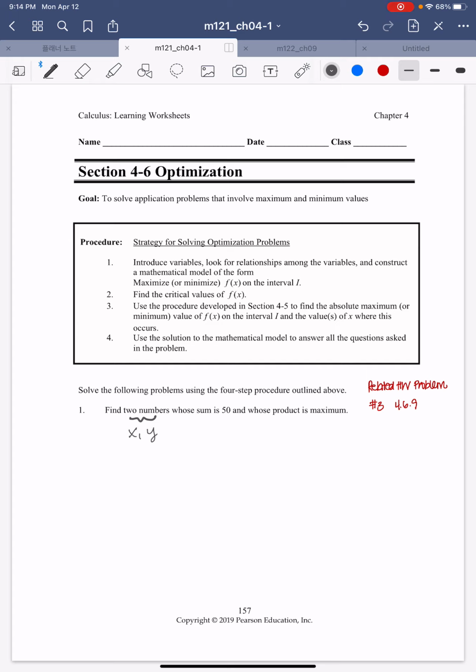Okay. What are we maximizing or minimizing? We have 2 things, sum and product. We want to max the product. Product means we are going to multiply.